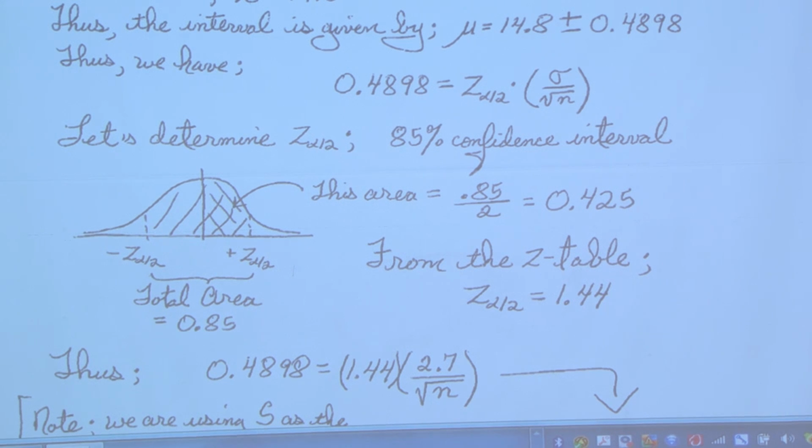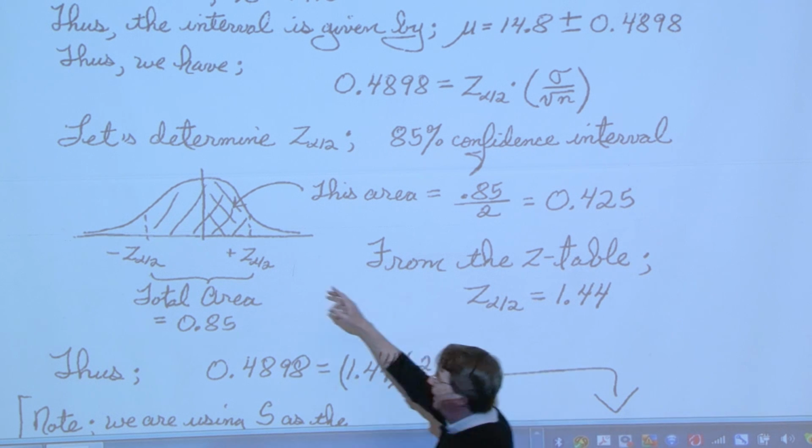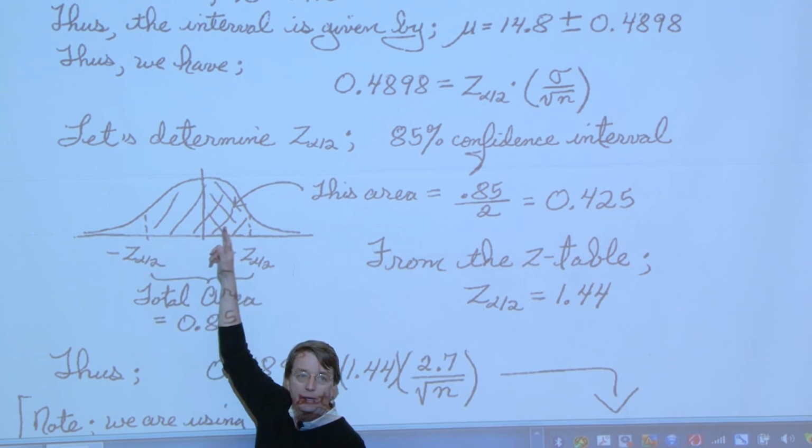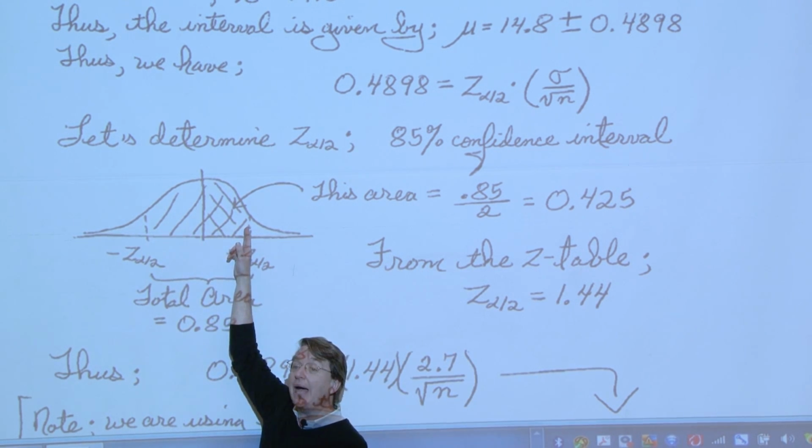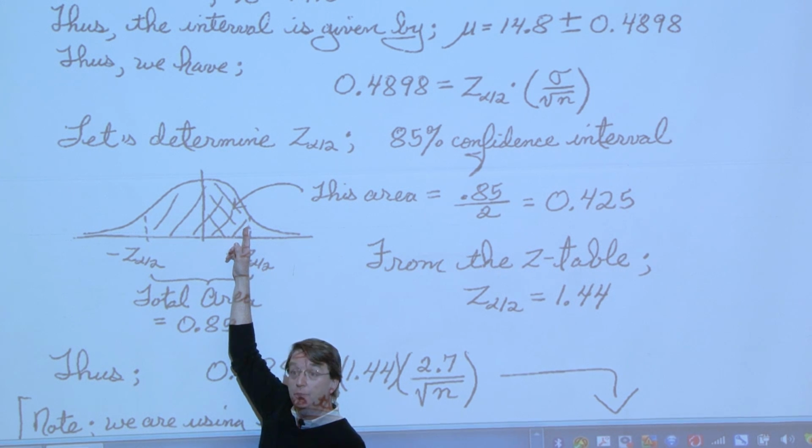Now, I need your help on this because for some of you, maybe most of you, this is your first time seeing it. You'll see it again tomorrow during lecture. But I want to make sure this makes sense. This is the bell-shaped curve. This is the Gaussian distribution.